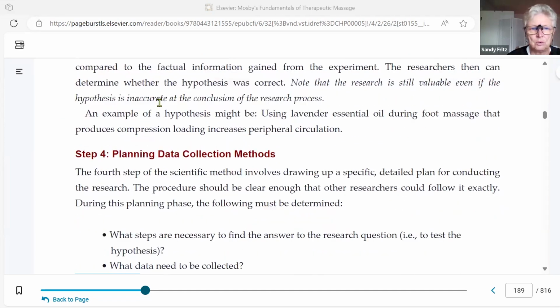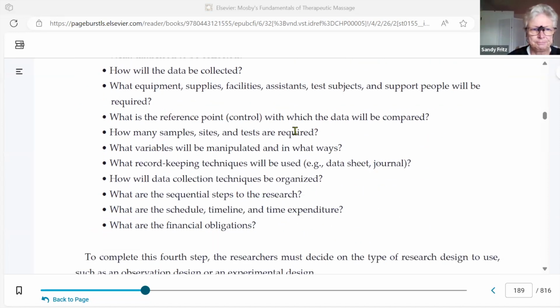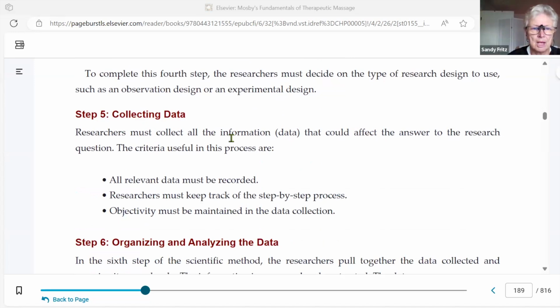And then you develop your experiment, which, if you're using this as a platform for massage care plan development, would be the implementation of the actual massage application. And then you collect your data. This happens afterwards. Did it work?